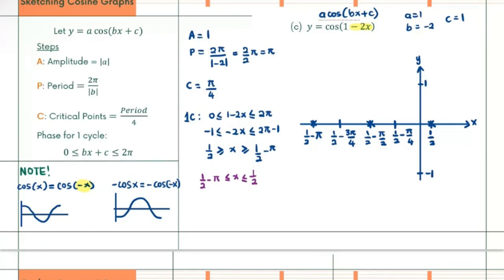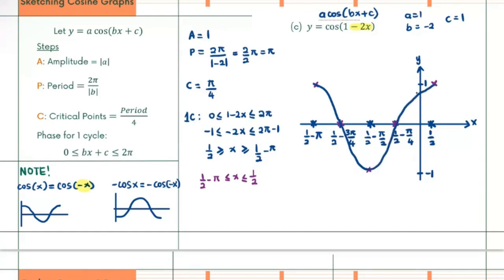So kita mula daripada atas sini, x axis. Lepas tu turun bawah, x axis. Kemudian kita akan naik balik dekat sini. Okay, so graf kita macam mana? Dia akan jadi seperti ini. Naik balik atas. Stop. Okay.